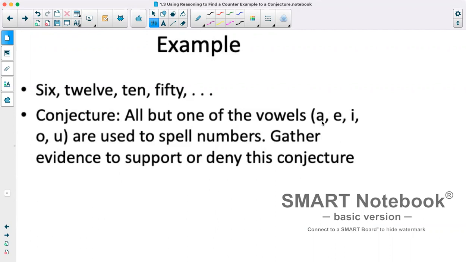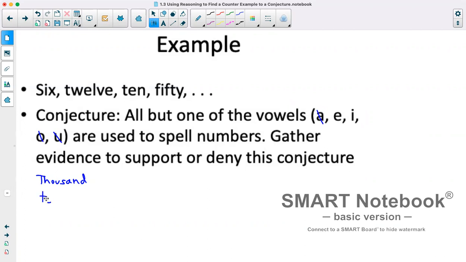So first letter here is an A. So we'll try to think of a number that has an A in it. Okay, so if we have the number 1,000, it has an A. It also has an O. It has a U. So now we just need to find a number that has an E in it and one that has an I in it.